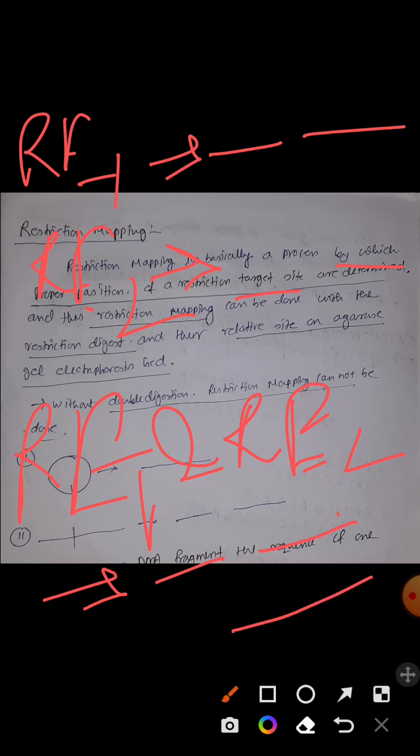Then you have to find out where a particular restriction endonuclease site is present, and whether it belongs to RE1 or to RE2. That is your job in restriction mapping problems.